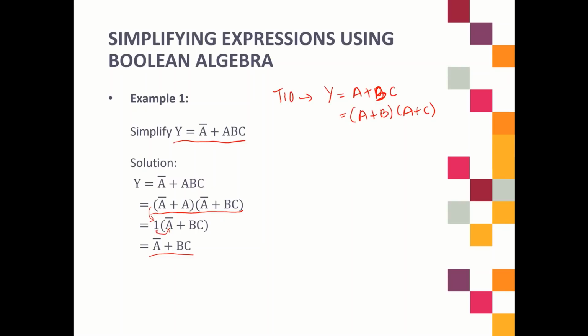If you use a theorem but it did not affect your expression at all, meaning that it did not simplify the expression, then maybe you actually used the wrong theorem, not suitable for that expression, so you may choose another theorem. Okay, that is the purpose of applying the Boolean Algebra theorems, so that we will simplify the expression.